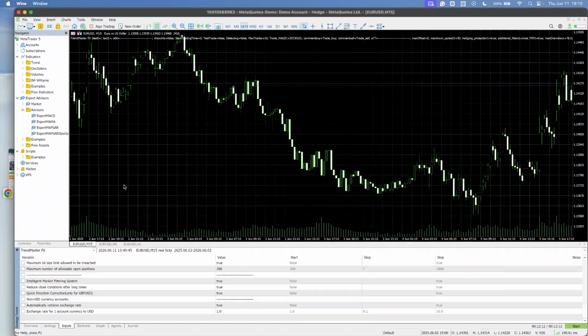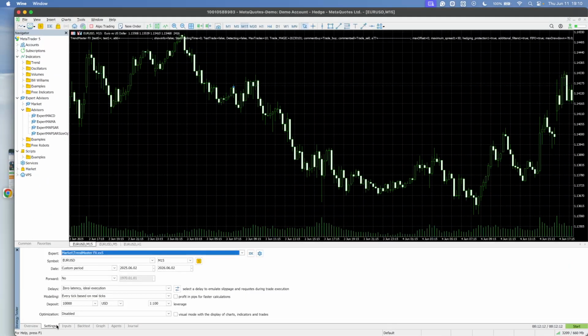I ran my backtest on this expert advisor to see if it's really worth it. I ran it on the EURUSD on the 50-minute time frame, on a custom period of June 2025 to June 2026 with a $10,000 deposit and a conservative 0.01 risk.